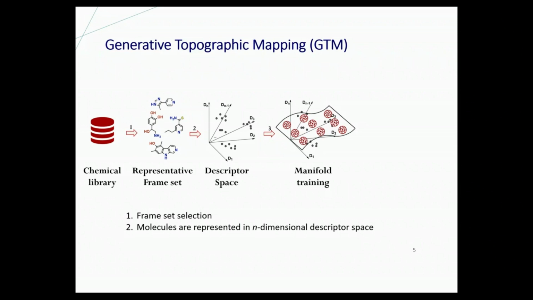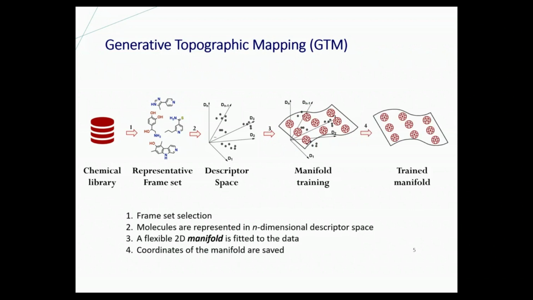The shape is rendered by the use of some Gaussian functions. Mathematics in there is not particularly intuitive, but the end user couldn't care less. So the manifold is fitted. This is an optimization process. And at the end of the day, the manifold is saved and is flattened out and is represented as a 2D grid of points.